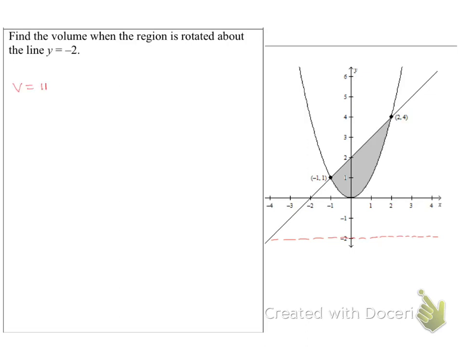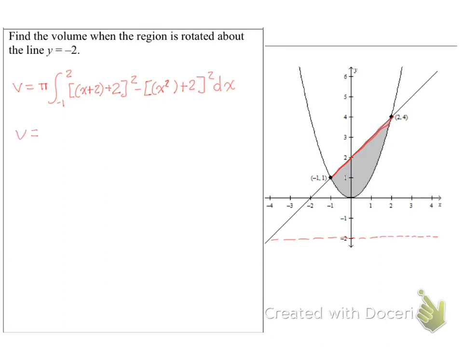So we should have the volume, you go from -1 to 2. The outer function is going to be the top one here, so it's x plus 2 minus the axis, which is -2, so it's going to be plus 2 squared, minus the inner function, which is x squared plus 2, all of that squared, dx.